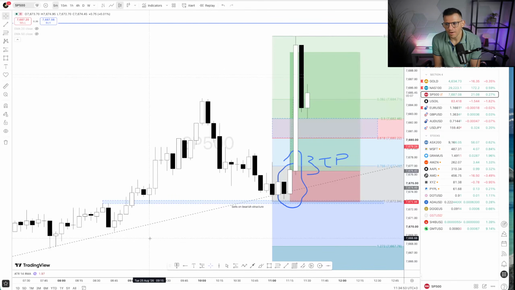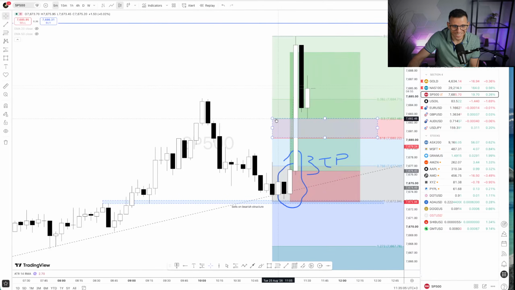But where the price just hit the 0.5% Fibonacci is not where I want to get in, because it's not backed up by an additional static support. I want to have a confluence between a static support and Fibonacci.